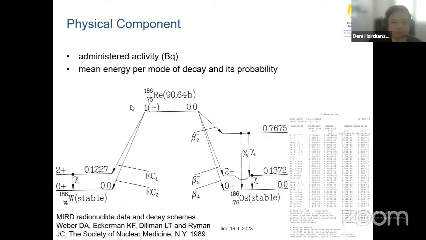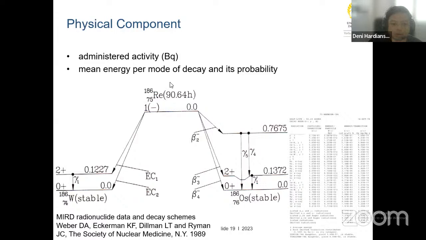For example, there is a possibility that this Re will decay through beta minus type 2, then move here, and then create the gamma type 5 and become stable Os. Or it will move to the gamma 4 branch, then create the gamma 1 branch, and become stable Os.